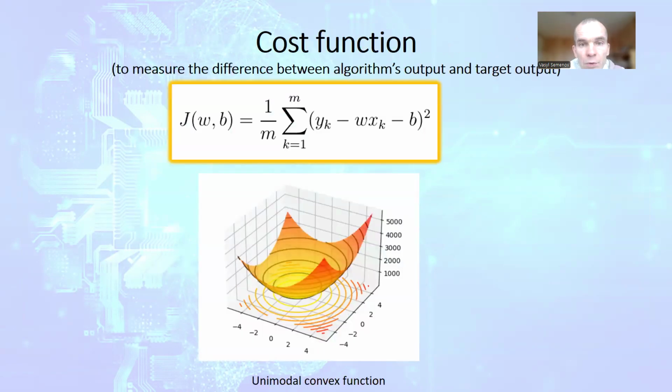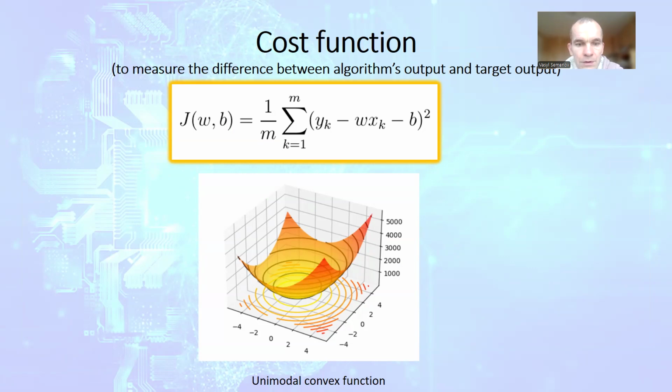It's the mean square error, as shown on this slide, between Y and Wx plus B. We also see here the graph of this function, and you can see that it's convex.